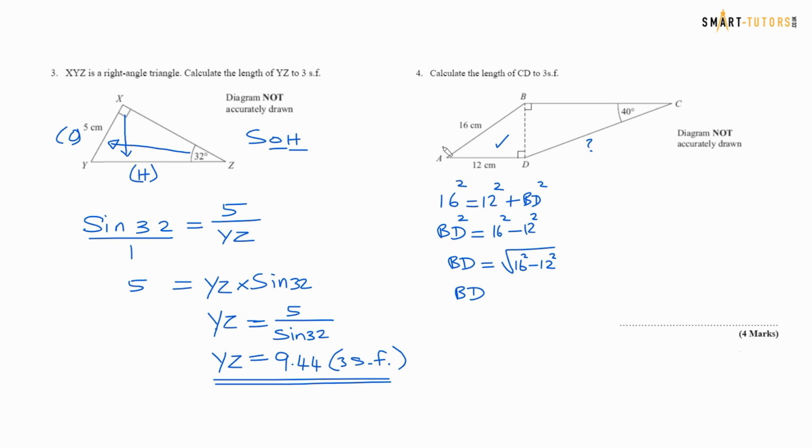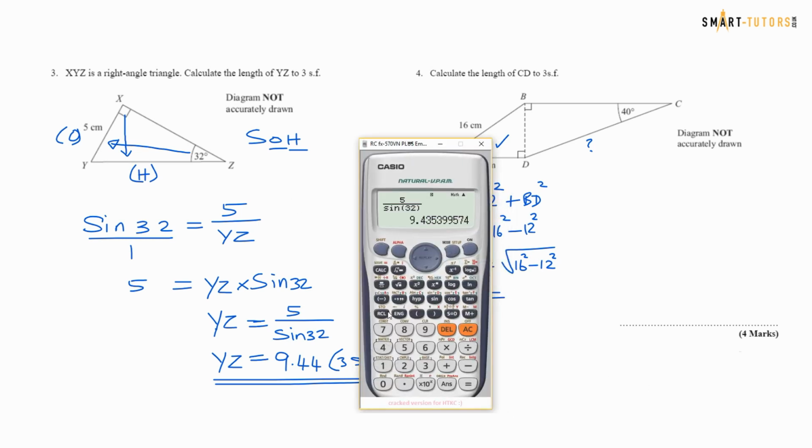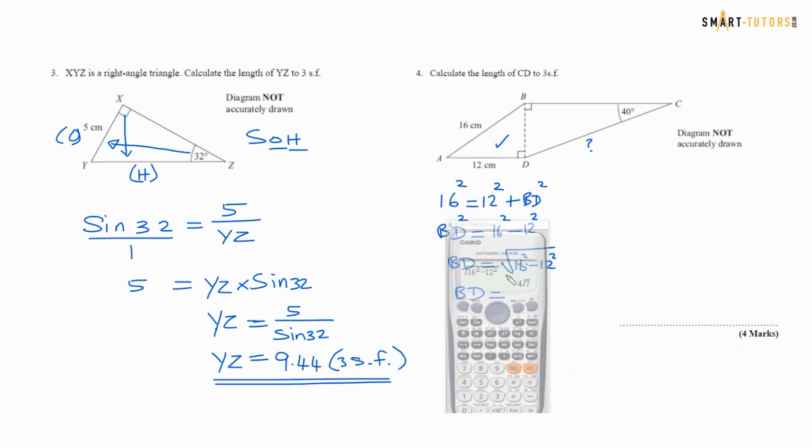So let's use the calculator: square root of 16 squared minus 12 squared. We try to keep the answer in surd form, which is 4 root 7.